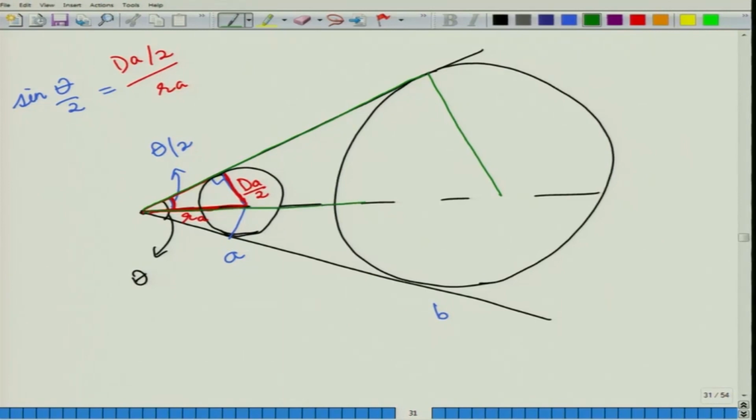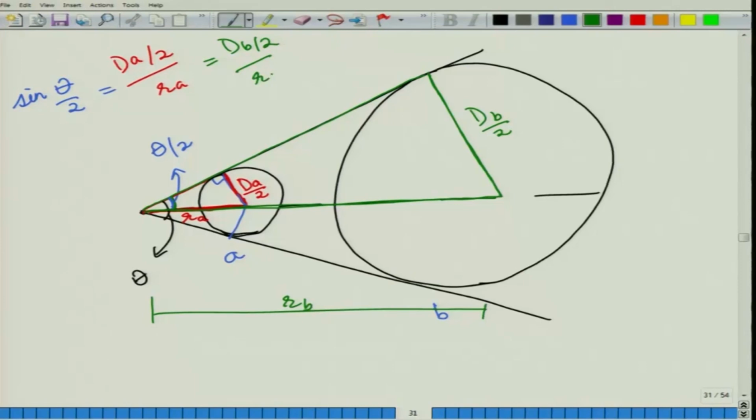Let us now consider this big size circle. Here your radius is dB by 2 and the distance to the second circle is equal to RB. Here again the angle subtended is the same. So, sin theta by 2 will be given by the height divided by the hypotenuse, which is dB by 2 divided by RB, and similarly for any number of circles.